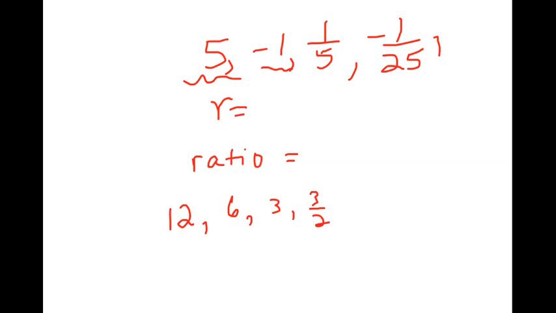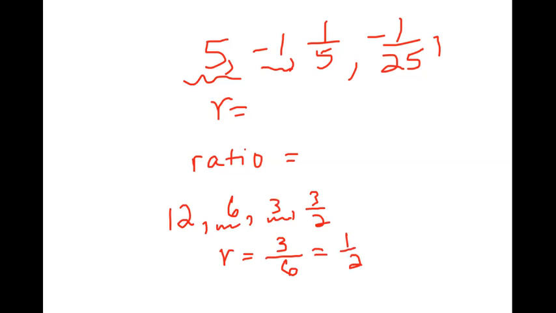So if we wanted to figure out the common ratio for this one, we would take 2 consecutive terms like the 6 and the 3, and then we would take the second number and divide it by the first number, and this will reduce to 1/2. That's how you calculate the common ratio.